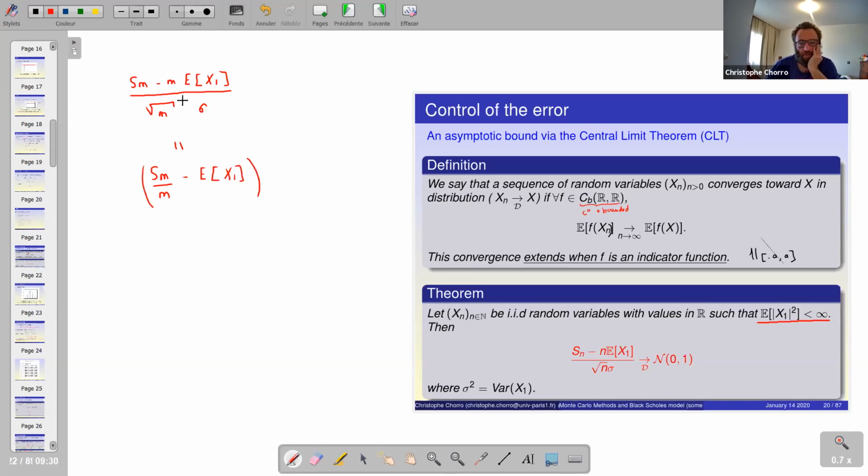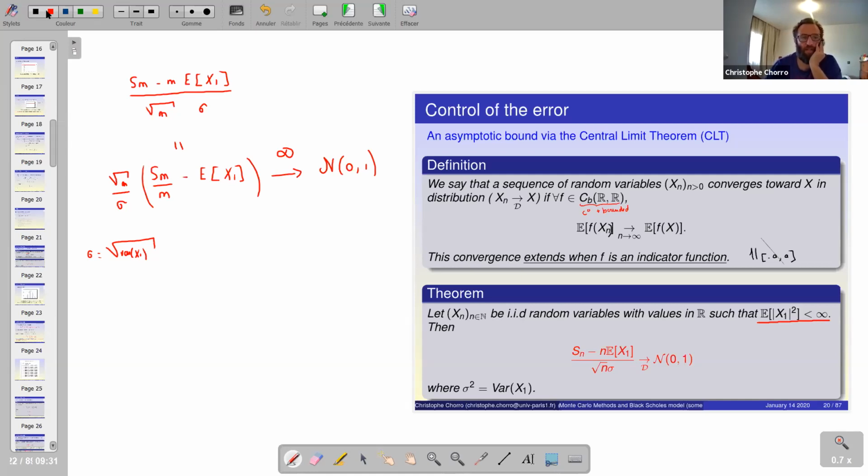In fact, what I do is put n into factor here, and if I do this, I obtain here the square root of n over sigma. And I know from the central limit theorem that this quantity converges in distribution toward N(0,1), where sigma is in fact the standard deviation of X1. So sigma is the square root of the variance of X1.